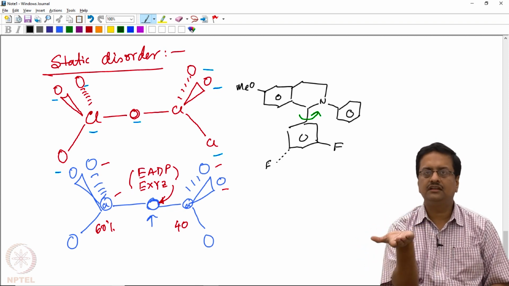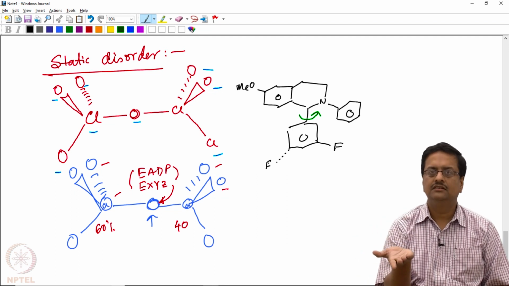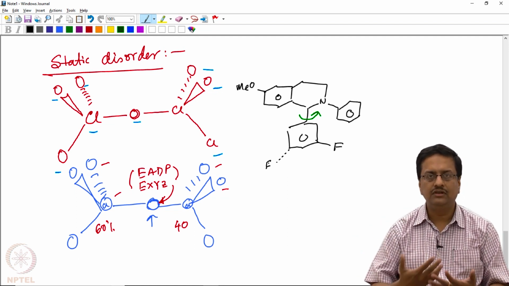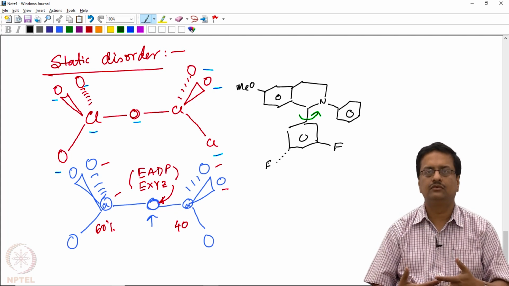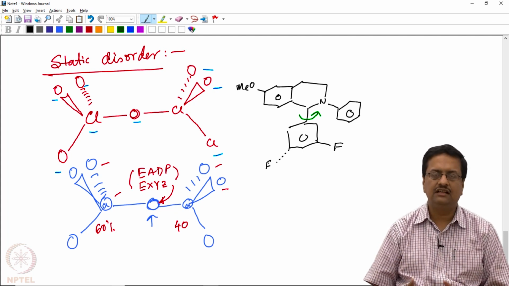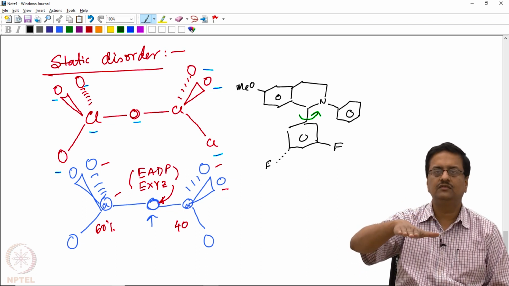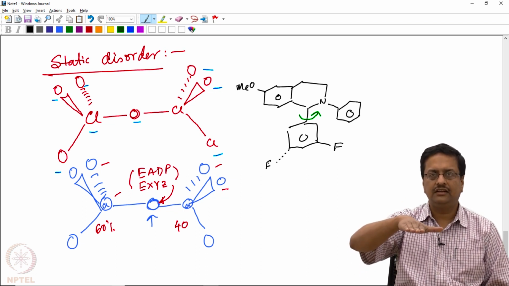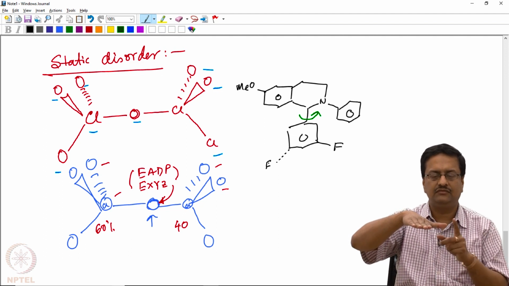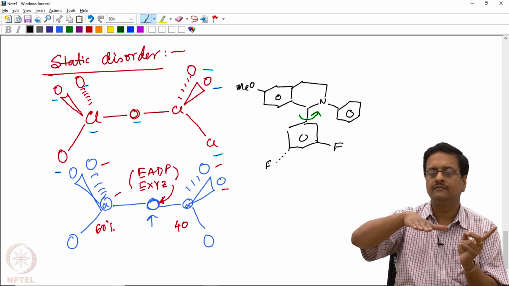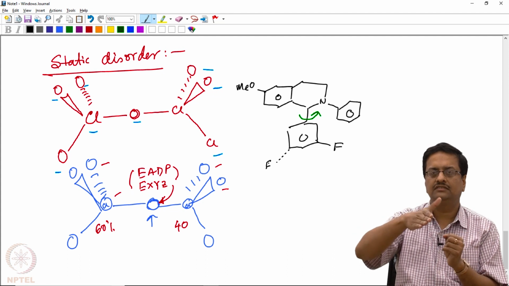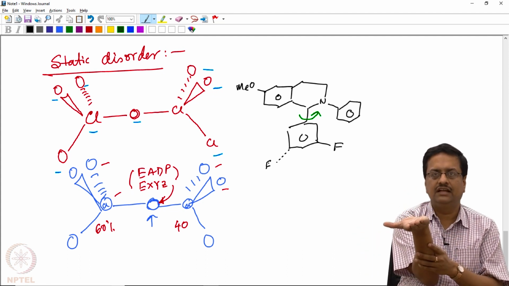So 60 and 40, this disorder is not controlled by the cooling, because when the crystal has grown, the molecule has crystallized in such a way that 60% of the molecules have the aromatic ring rotated in this orientation with fluorine towards the left, and 40% of the molecules have crystallized with fluorine on this side.